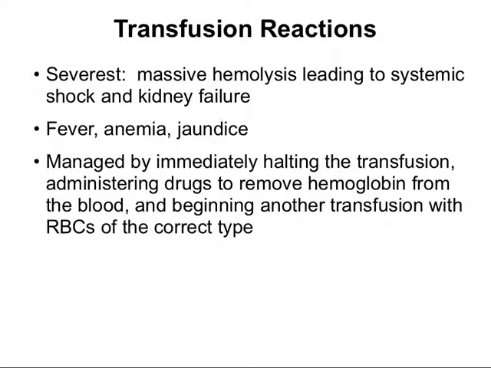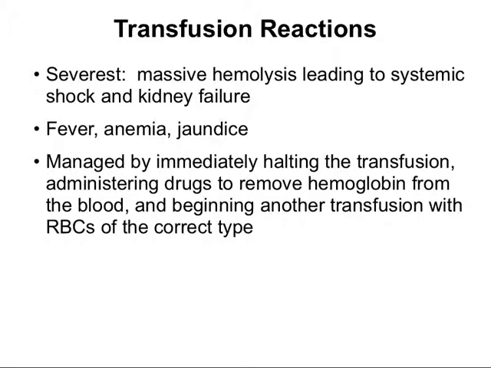This results in destruction of the red blood cells. So we have massive hemolysis, or breaking of red blood cells, that leads to systemic shock and kidney failure. We see the kidney failure because these red blood cell fragments will block the glomeruli in the kidney, and this is the whole filtering system. So often it can result in death.